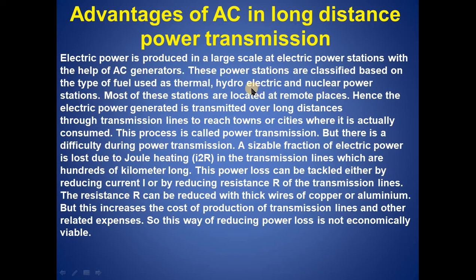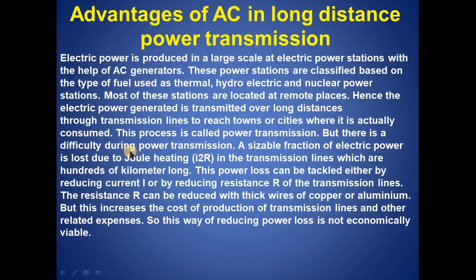Most of these stations are located at remote places. Hence, the electric power generated is transmitted over long distances through transmission lines to reach towns or cities where it is actually consumed. This process is called power transmission.